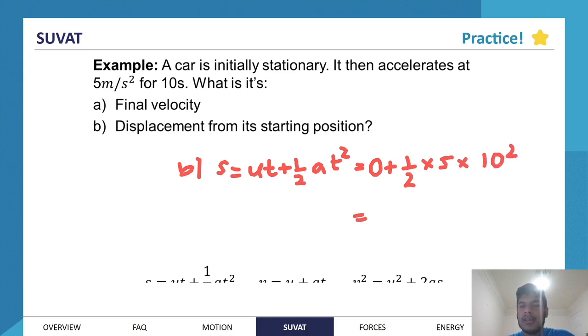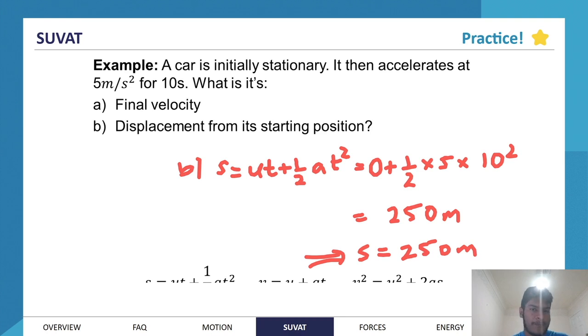So we get 0.5 times 5 times 10 squared, so that's 250 meters. The displacement is 250 meters. And so we're done. Again, direction is not specified in the question, so it's hard for us to specify it. But if it was, then you would say 250 meters north, 250 meters east, or 250 meters 30 degrees from the horizontal, and whatnot.